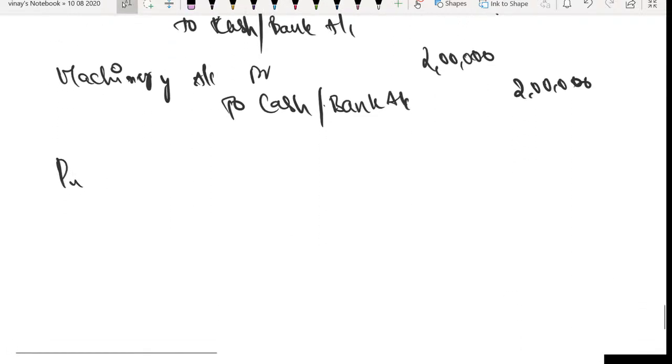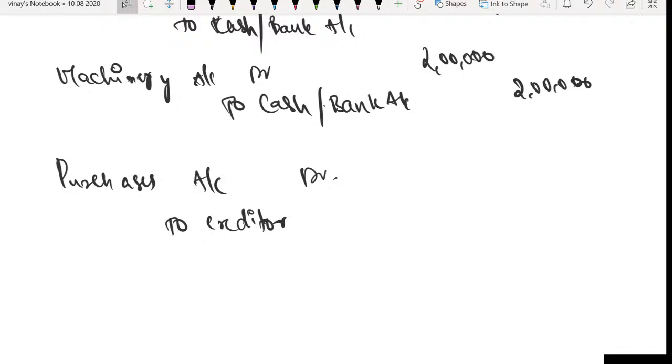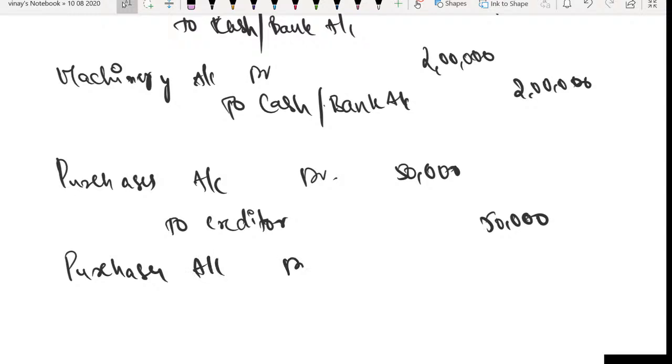Then afterwards I bought goods. Then my entry will be purchases account debit to creditor account. I just take 50,000 as cash purchases and 50,000 as credit purchases, and then purchases account debit to cash account 50,000.